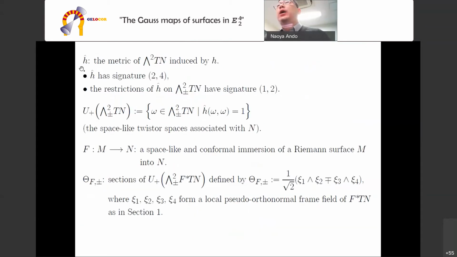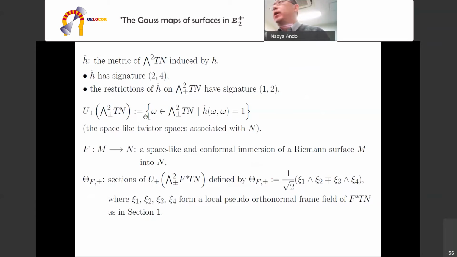Let H hat be the metric of this bundle induced by H. Then H hat has indefinite metric and signature 2, 4. And the restrictions of H hat on these two subbundles have signature 1, 2.